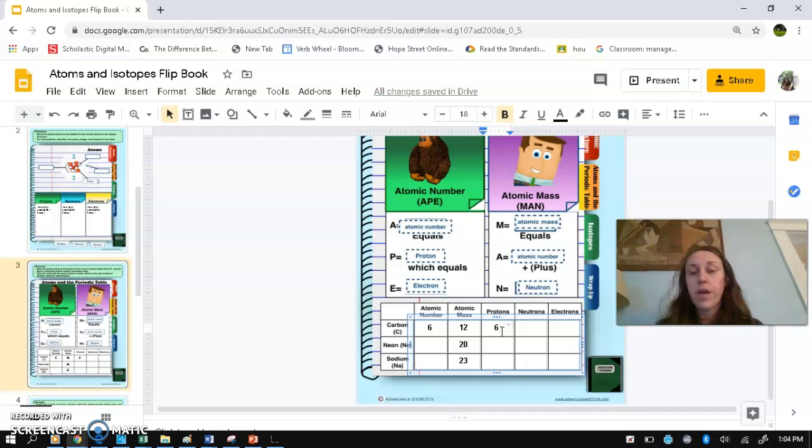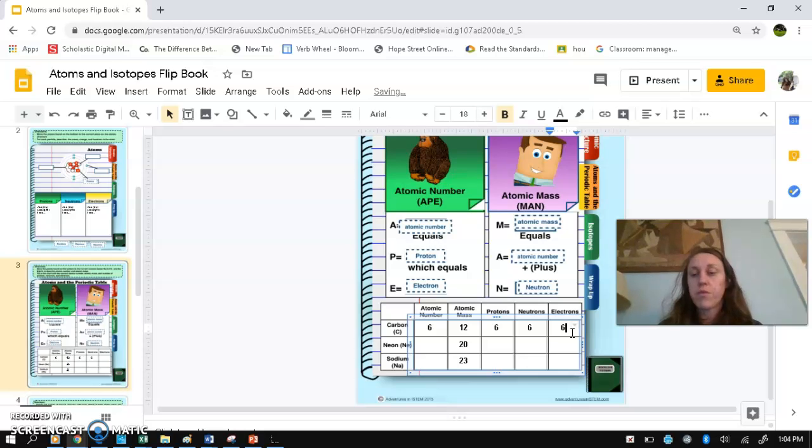Now, we have 8-man, okay? And what you're going to have to do is do this backwards. So since this is addition, you have to do subtraction. So 6 plus what equals 12? Well, in this case, it is 6. And guess what?